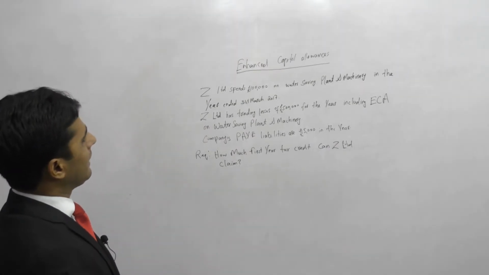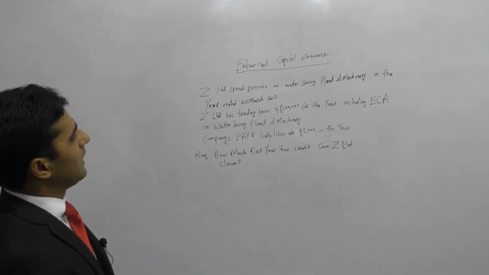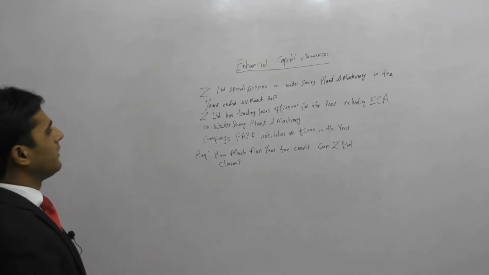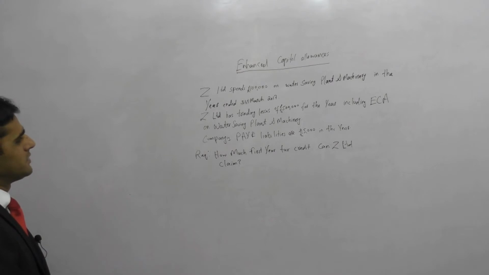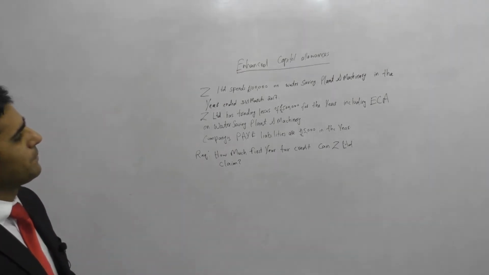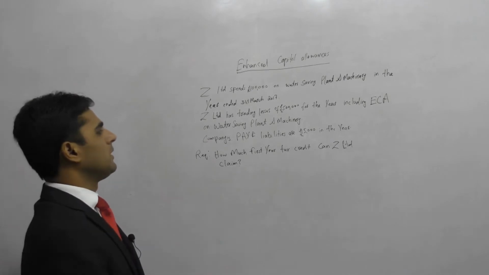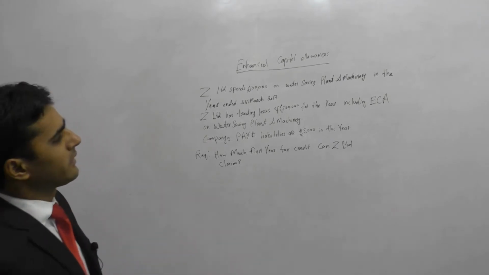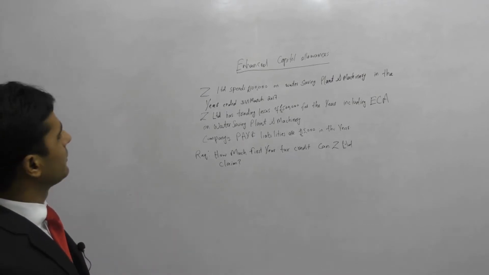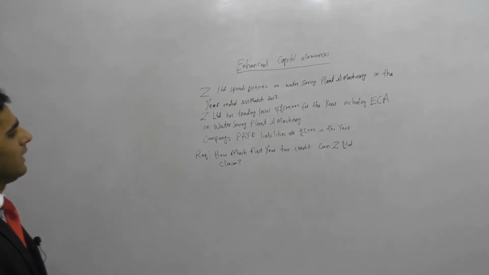Right, so it is Z Limited spends £100,000 on water saving plant and machinery in the year ended 31st of March 2017. Z Limited has trading losses of £500,000 for the year including enhanced capital allowances on water saving plant and machinery.